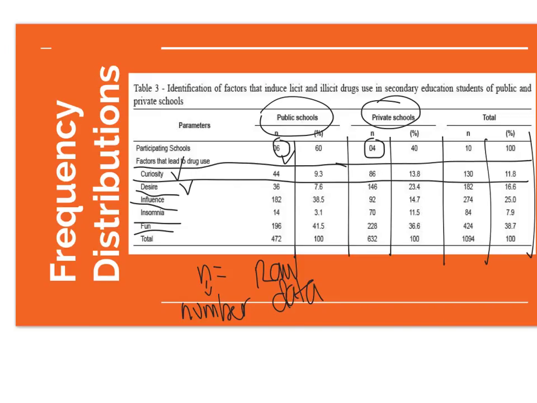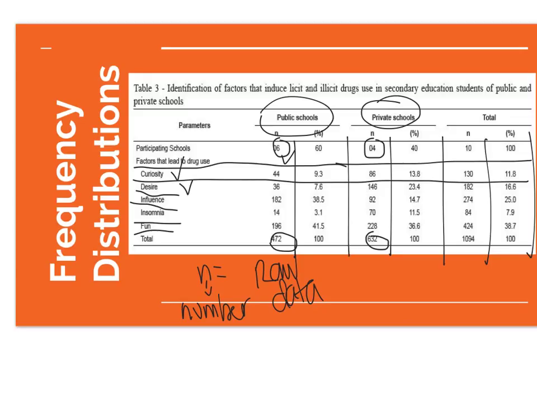And then, in these 6 public schools, they found that 472 students engage in drugs regularly, and from the 4 private schools, 632. That was their total sample, the N for private schools.